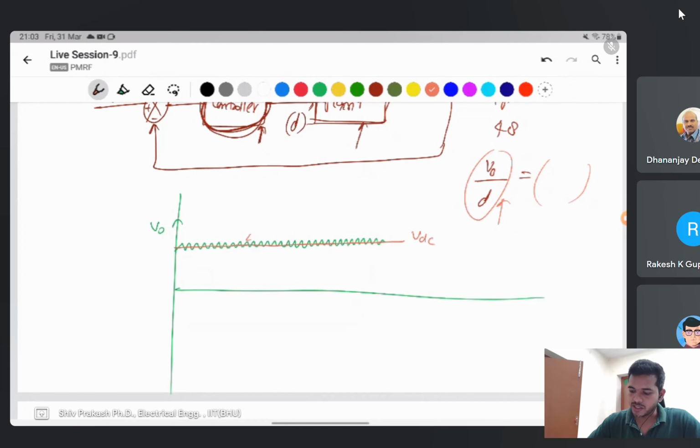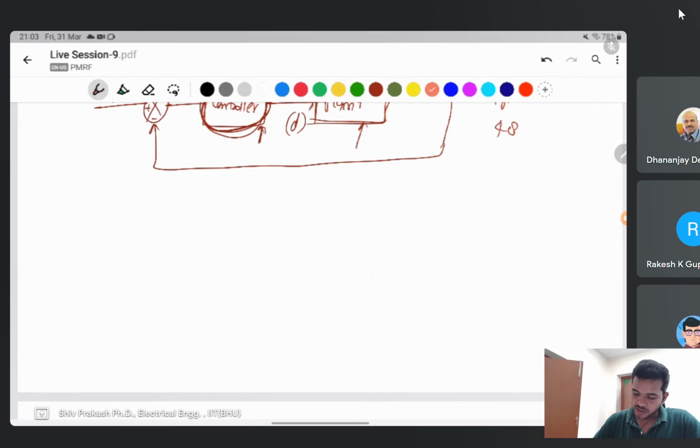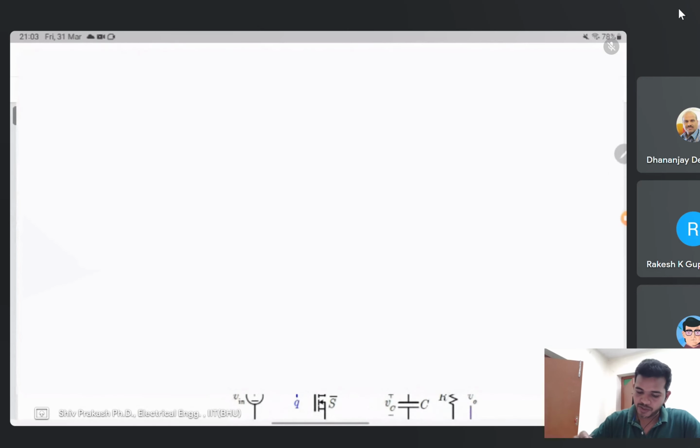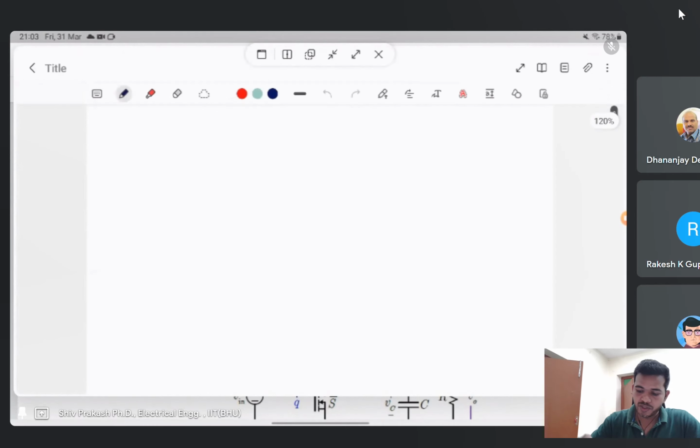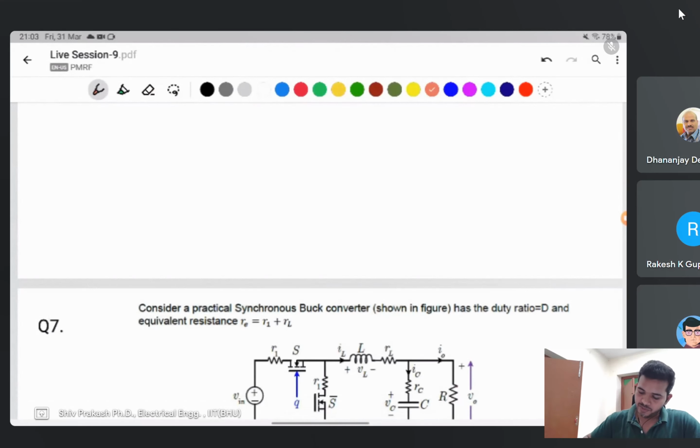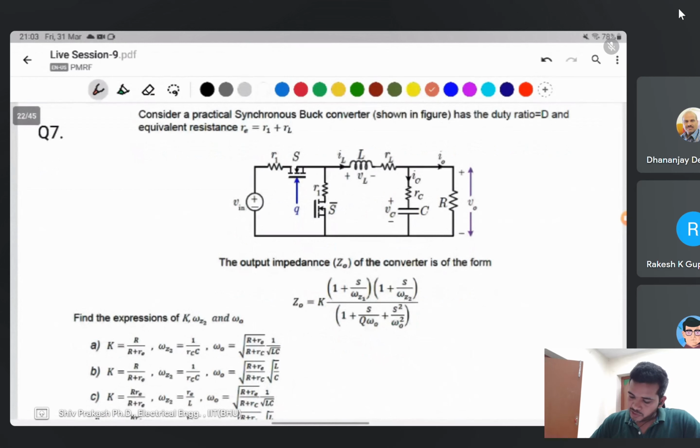So many things occur, but to control any system, you should have a transfer function. After that, you can apply the controller to the system.